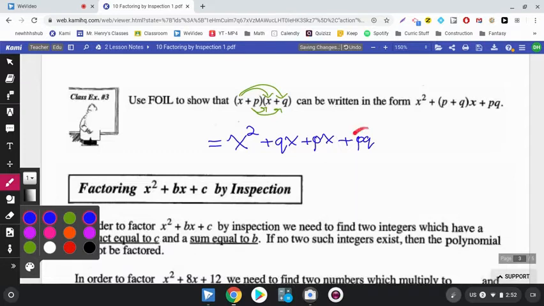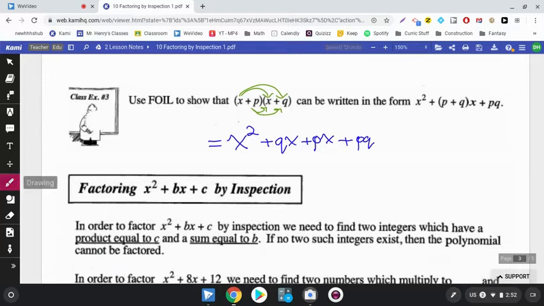Well, there it is. There's my constant, multiply those two end terms. And then the middle one, p plus q x, those are like terms. So q and p I could combine together. If it was 5 and 7, it'd be 12x's. Whatever it is, I add those together. So if I can recognize this, I'm going to be able to factor.